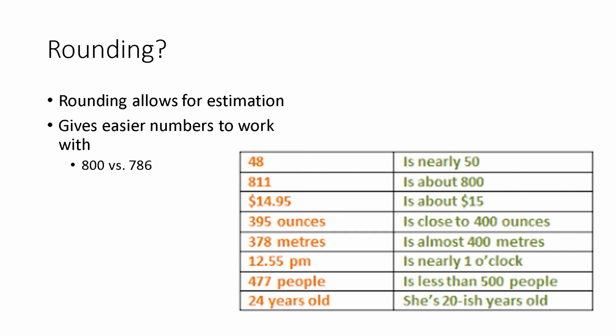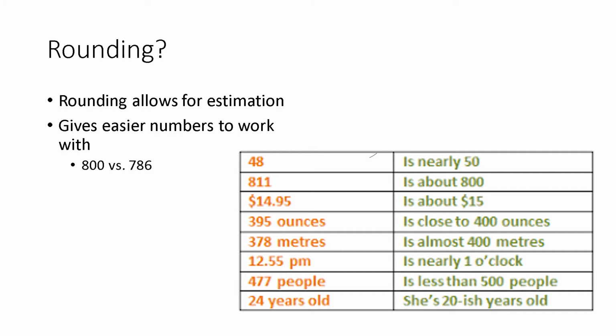We round all the time in real life without really thinking about it. If I told you that I have 48 dogs, that's a lot of dogs. I'm probably a hoarder and I need help. But 48 dogs is very close to having 50 dogs. Or if I say I have 811 antique china teacups, that would easily round to 800.